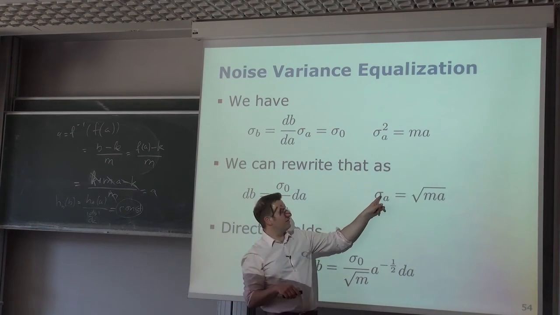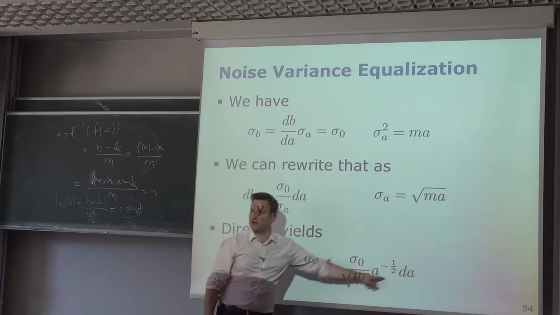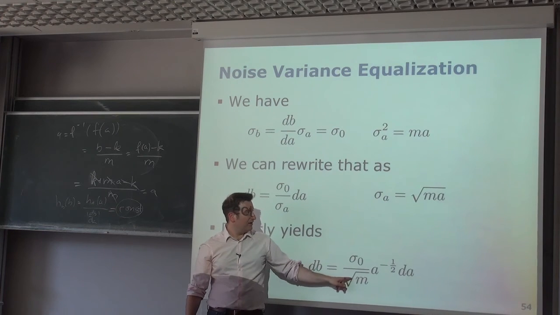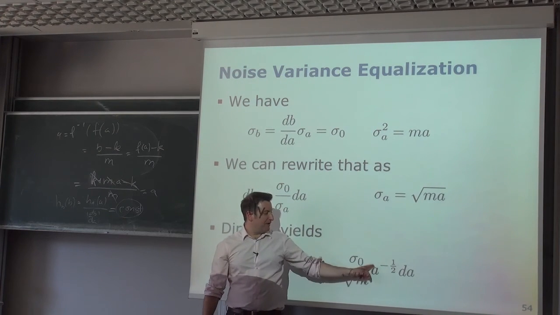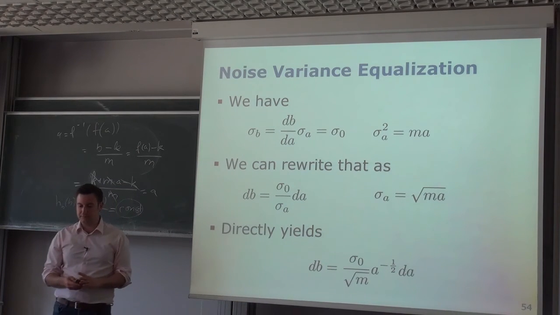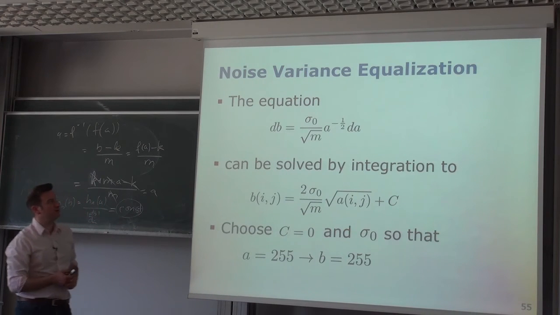The square root of this expression goes down here, which directly leads me to this equation. The only thing I've done is write this as square root of m and a to the power of minus 0.5. So this is the function that I now need to solve.